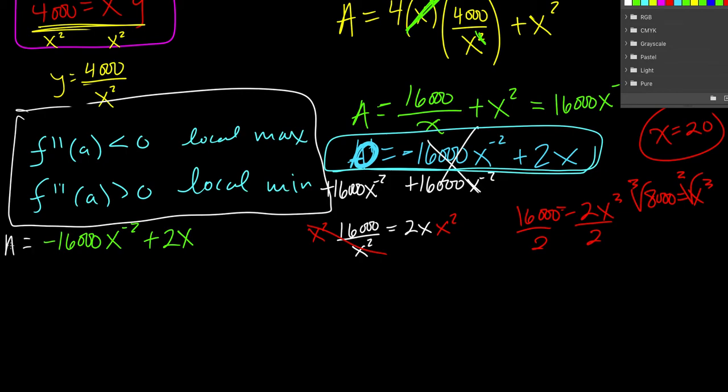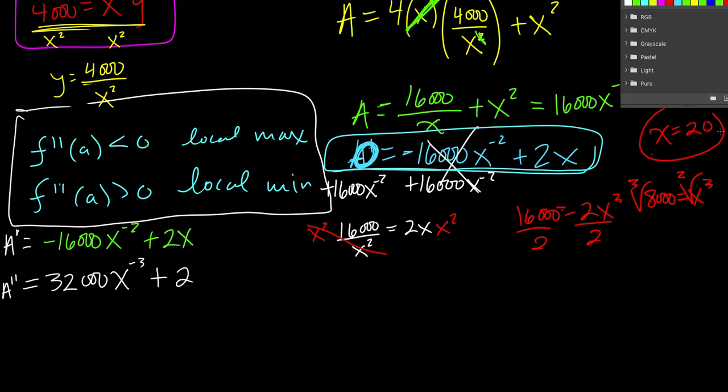Okay, so this is our first derivative. We take the derivative again, so it's going to be bring down the negative 2, that makes it positive, so it's 32,000 x to the negative 3 plus 2. And that's equal to the second derivative.